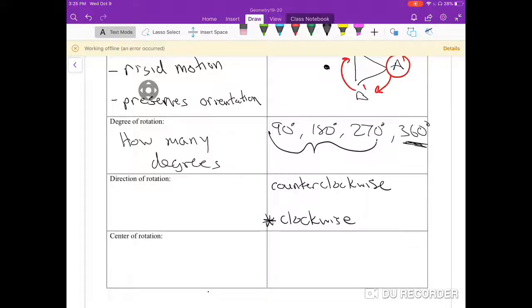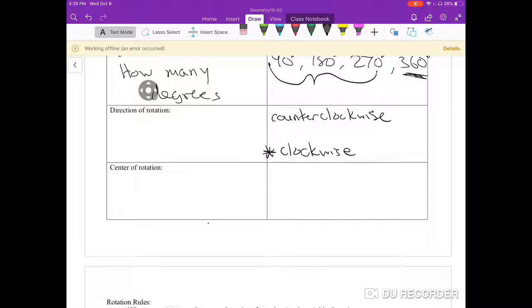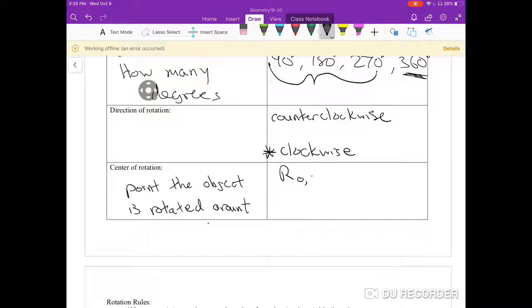All right, the center of rotation is the point that we rotate around. So the point the object is rotated around. For example, a rotation usually looks like this. Capital R tells me it's a rotation. This is my center of rotation.